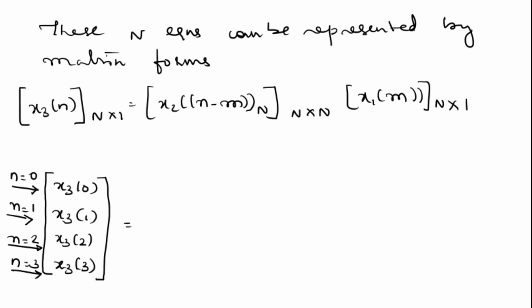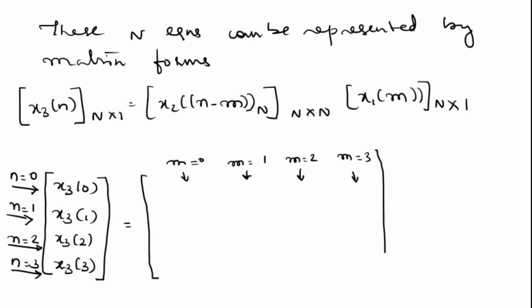It is equal to, according to this equation we have to write, throughout this column m is equal to 0, throughout the second column m is equal to 1, throughout the third column m is equal to 2, and throughout the next column m is equal to 3. So throughout this row n is equal to 0 and m is equal to 0 throughout this column.